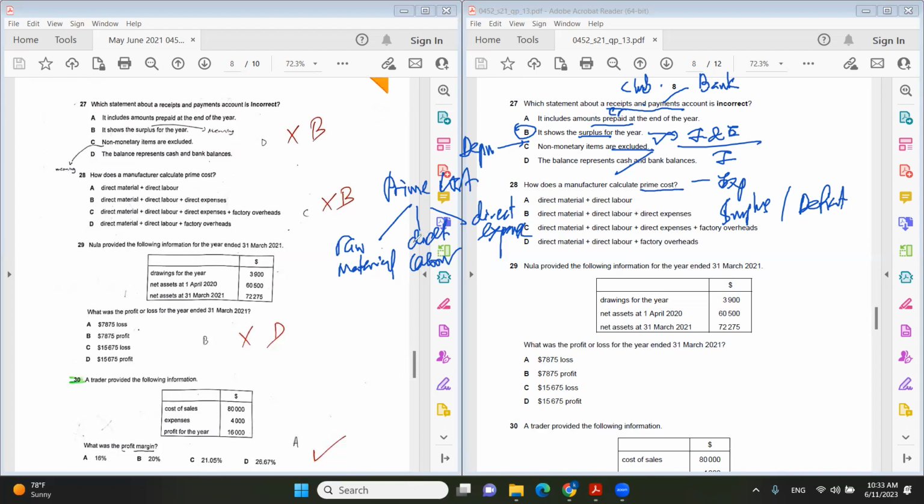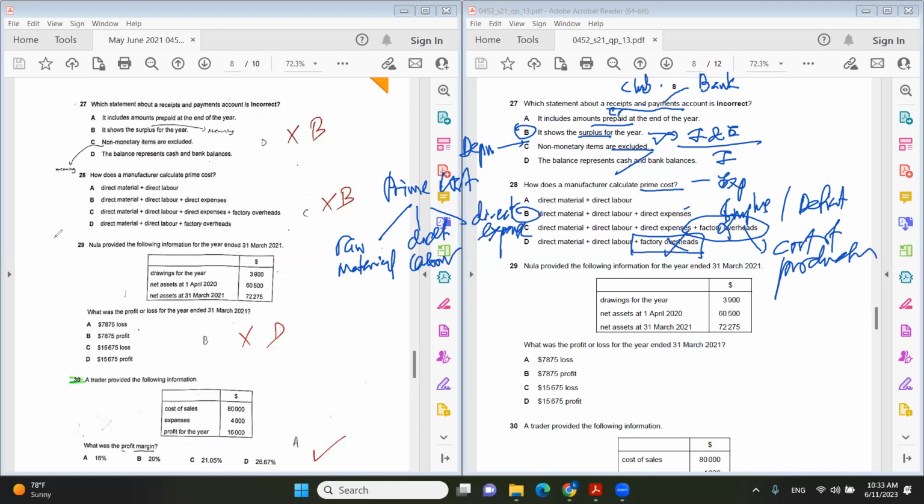Direct labor is this one. Direct expenses is this one. This one they add into here. If they add this in, this becomes cost of production. We add the factory overhead, that will become cost of production. So next, this one is no. This is wrong. So basically, the answer should be B.